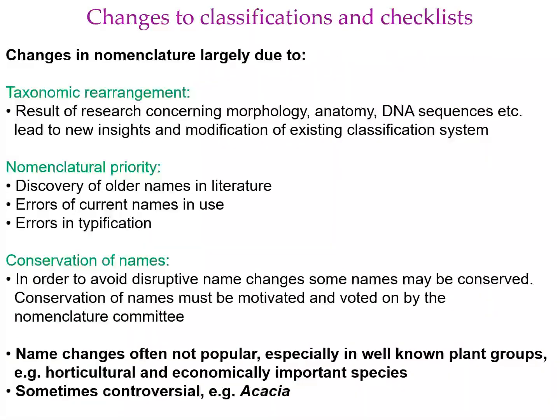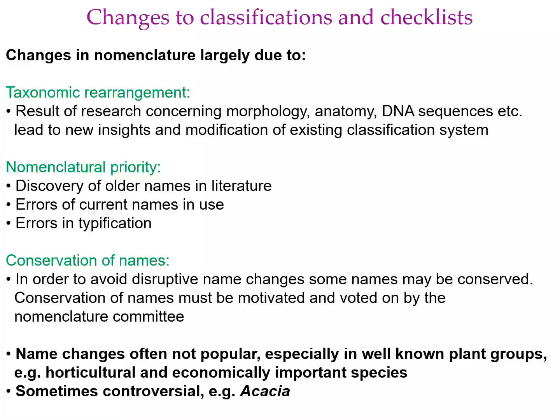So changes in nomenclature are largely due to taxonomic rearrangement in the first place. This is the result of research concerning morphology, anatomy, DNA sequences, etc. And it leads to new insights and modification of the classification system. So with this evidence, we realize, oh, things are not related to each other, and the classification in that part of the tree is artificial, and we need to fix it to become a natural classification.